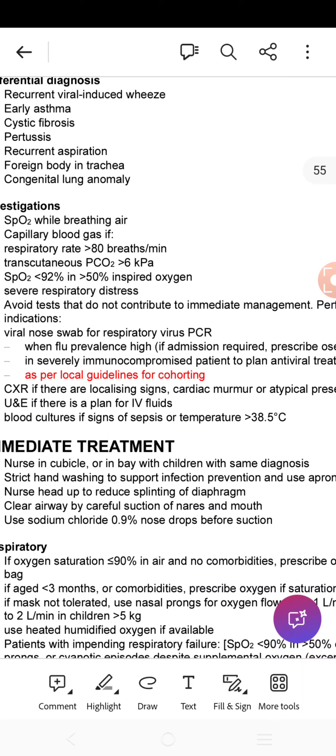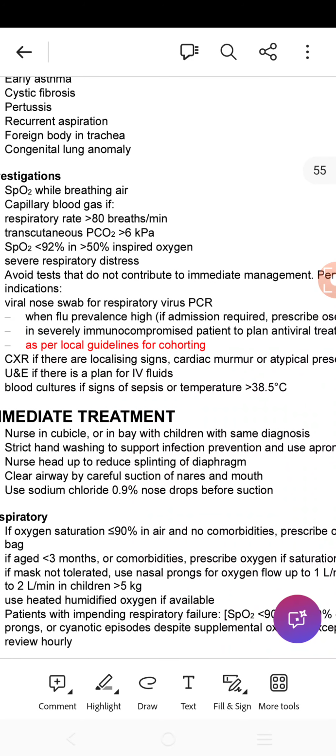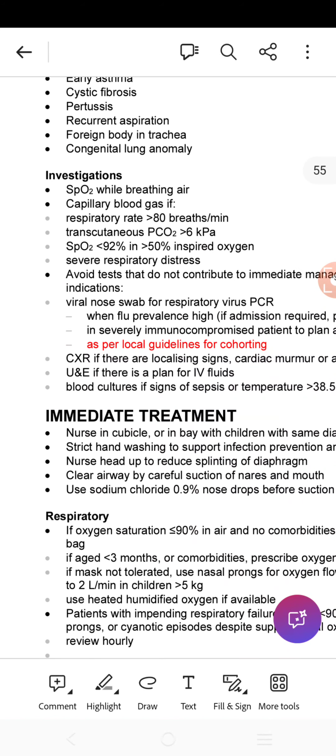Humidified oxygen is preferable. If the child is still not maintaining, then you will give nasal oxygen at a dose of 2 to 20 liters per minute. And if still the child is not maintaining oxygen saturation, then you will monitor closely and put the child on CPAP or BiPAP, so that the airways are supported and the machine takes over his respiration.